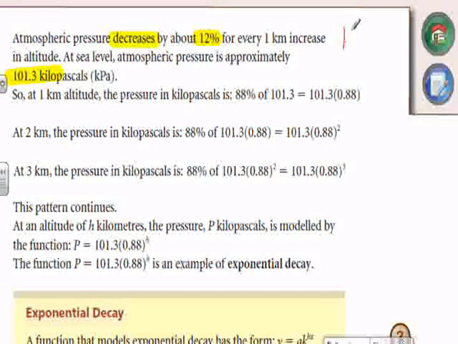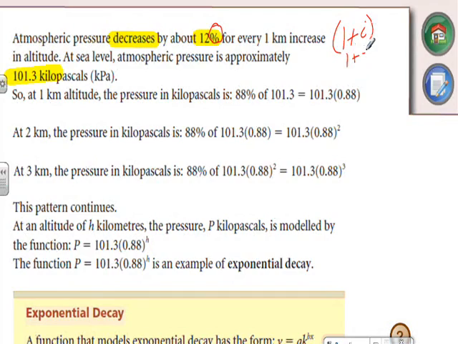So what we're still using is that 1 plus the I value, just like we did in the interest formula.